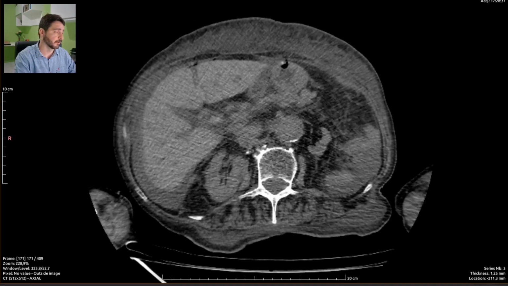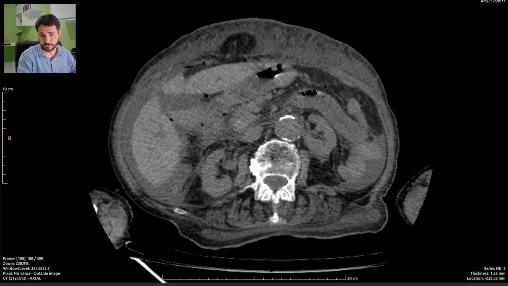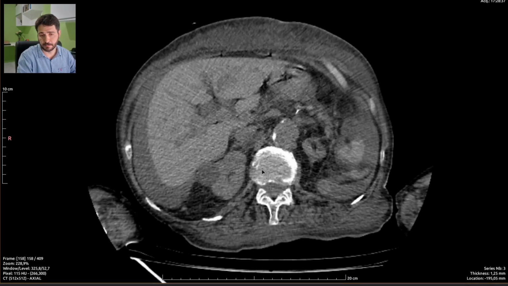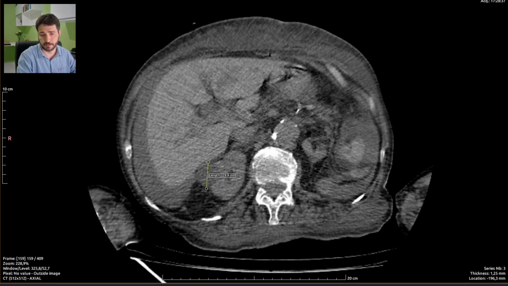So, I forgot the size of the cyst. What size is it? Is it 28?